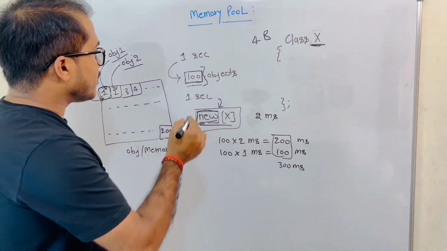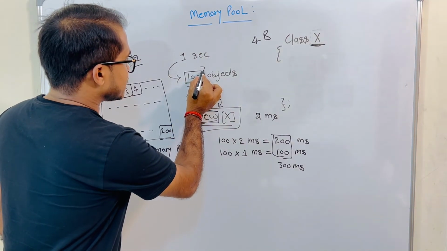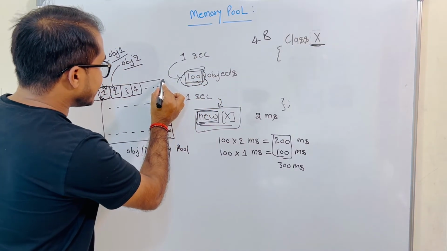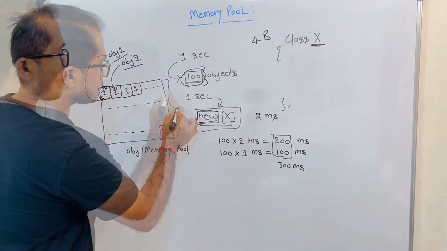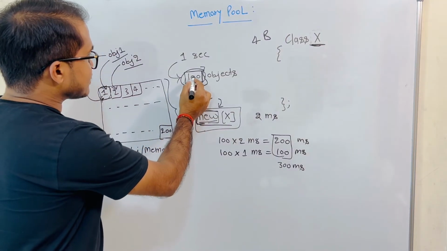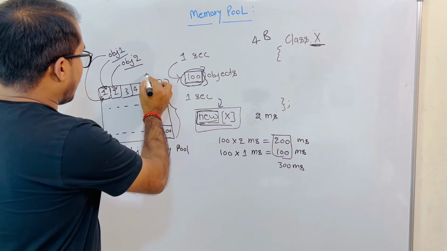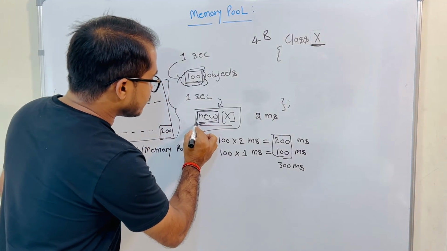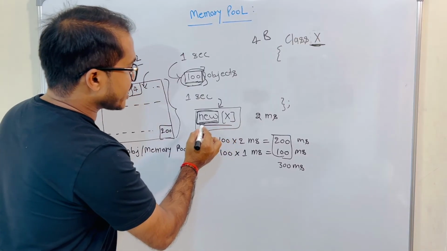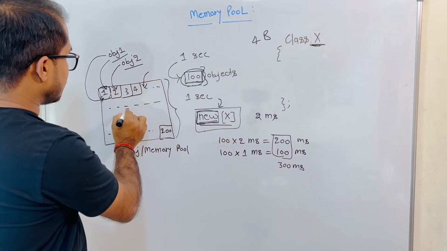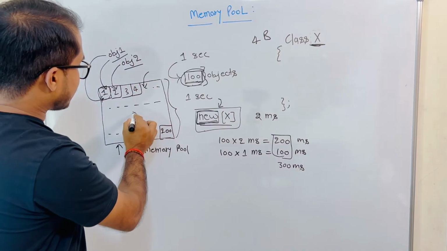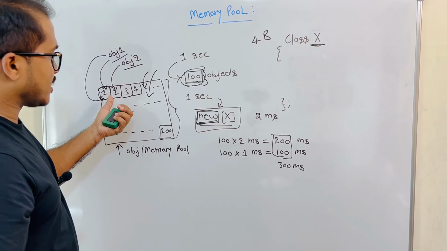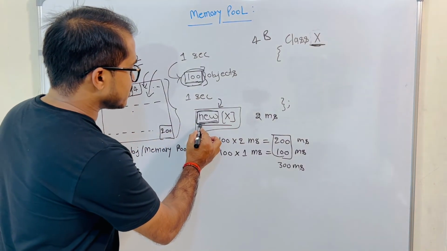At any point in time my application requires 100 objects and I have already created memory for 200 objects, so in almost all cases I can pick 100 objects from the pool. Instead of making this very expensive call again and again, I just pick the object from the pool and put it back. This is very fast compared to creating memory using new.